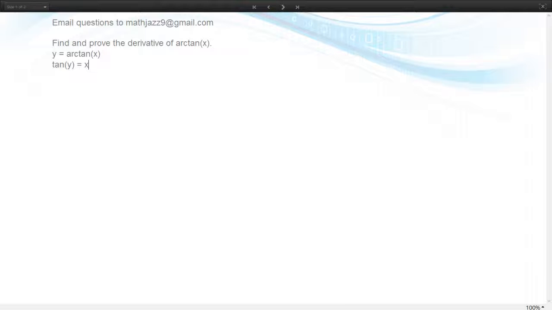From here, we're going to use implicit differentiation to take the derivative of both sides of this equation. And we get secant squared y prime is equal to 1.